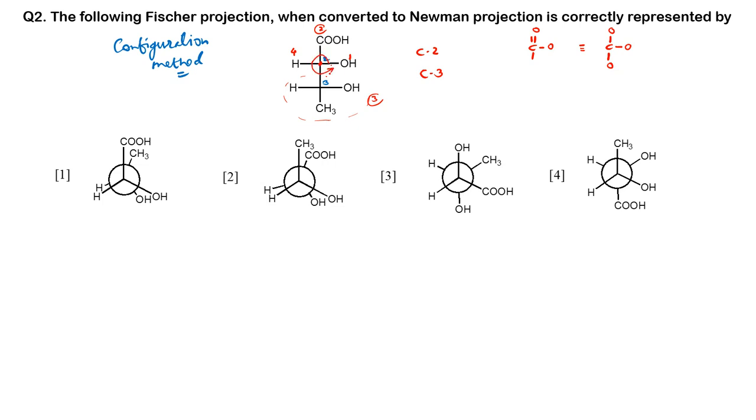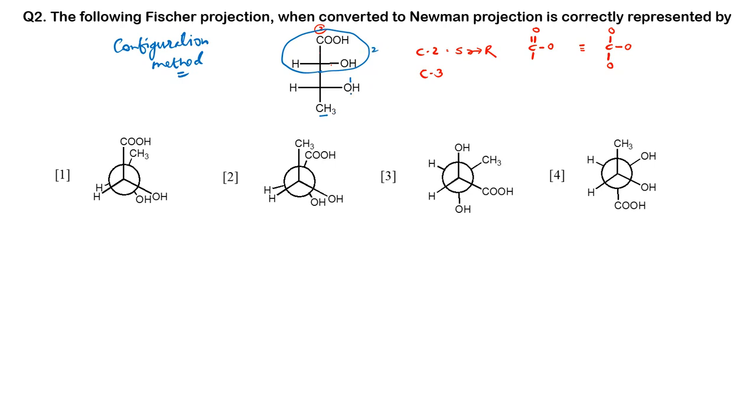So in this case, first, second and third, the rotation is in anti-clockwise direction, but the hydrogen is towards the observer, so the S will change to R. What about C3? OH will be the first priority. In this group, the carbon is attached with oxygen and carbon, where the CH3 carbon is attached with three hydrogens.